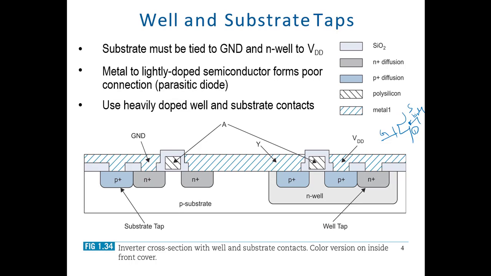This is different for each type: for NMOS it is a P type material, and for PMOS it is an N type material. Normally we do not draw this terminal because it connects to either VDD or ground, and we just don't show it. But if you want, it is here for NMOS and it is here for PMOS.